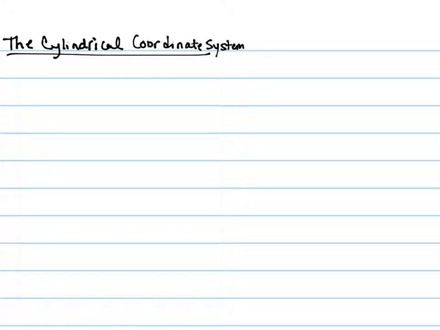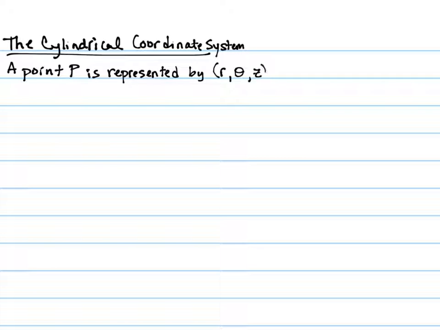The cylindrical coordinate system: we have a point P, and it is represented by r, theta, z.